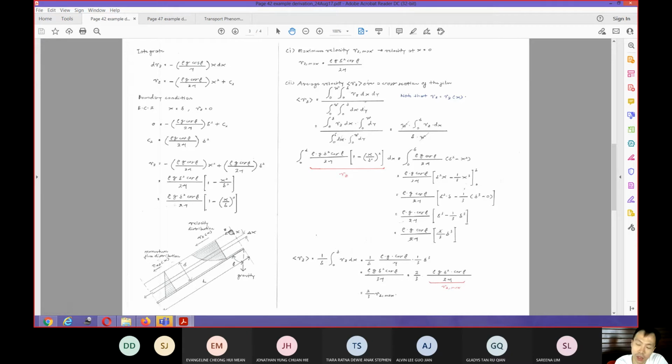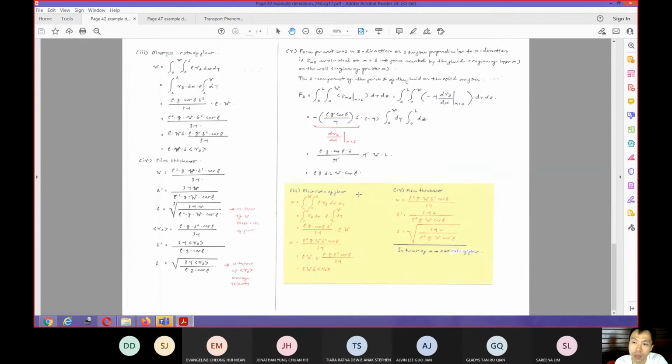Again, for this particular transport phenomena problem, we took the original coordinate 0, 0, 0 from this particular point here. We want to inspect the force that has been applied by the liquid on this interface, where the liquid touches the solid surface.